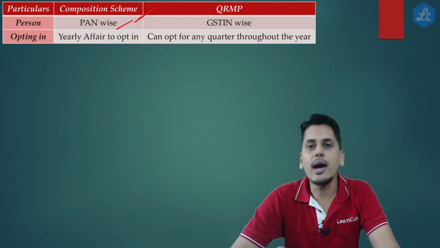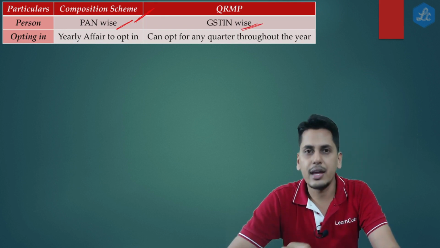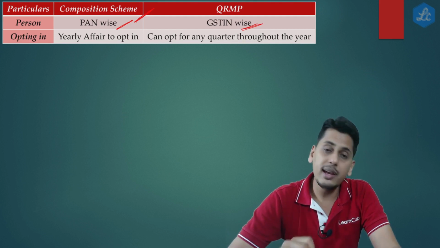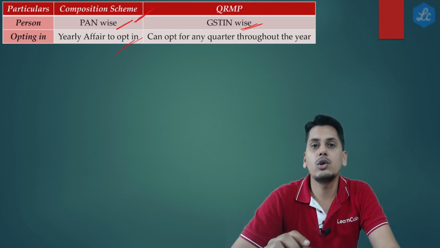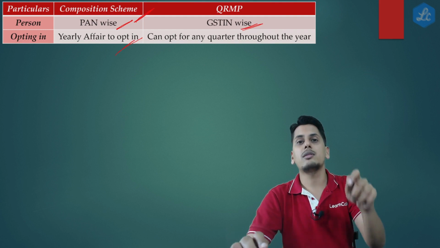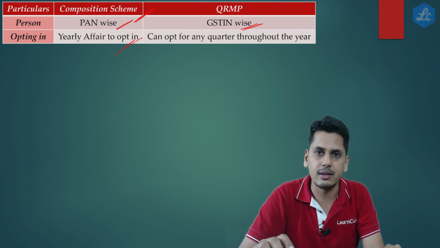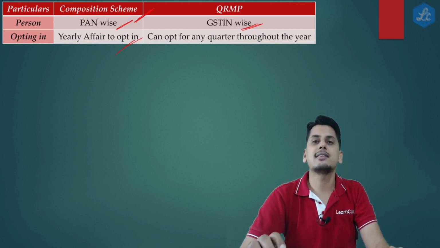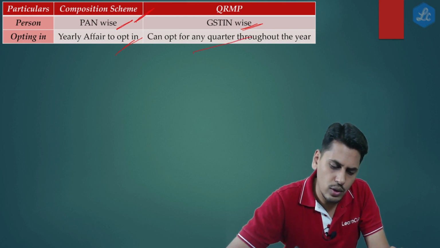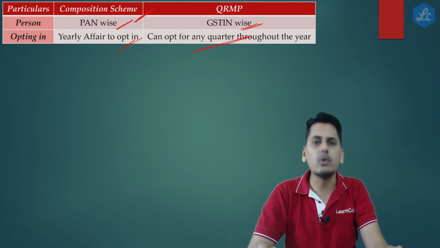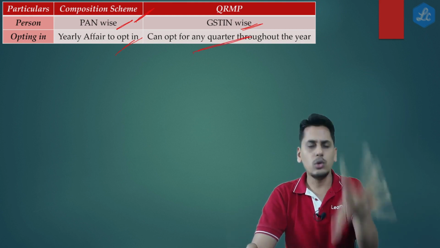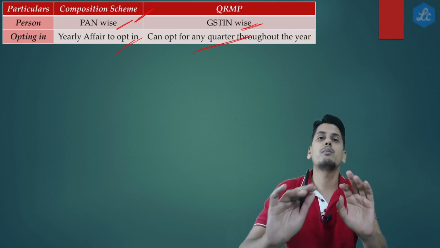As regards the QRMP scheme, it is GSTN wise. Opting in, it is a yearly affair. You cannot opt for the composition scheme in between the financial year. But as regards the QRMP scheme, you can opt for it for any quarter throughout the year. Quarter 1 QRMP, 2 regular, 3 QRMP, 4 regular, possible.